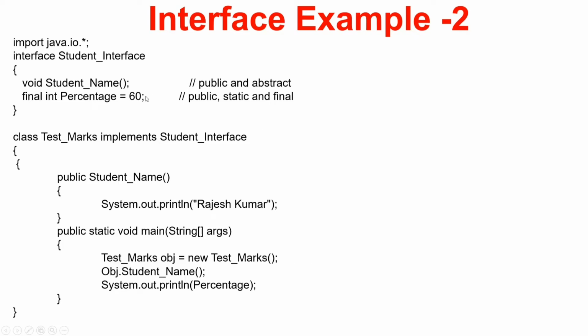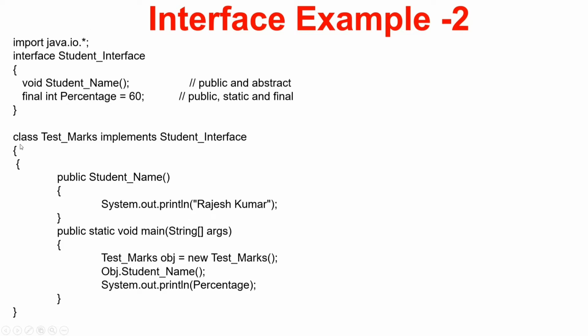I'm not using the function. Here my method name is student underscore name. Even if I declare void student underscore name, by default the interpreter itself identifies it as public and abstract, because there is no description over here. The description is available in the class, for the method, and we have the variable over here in the interface.